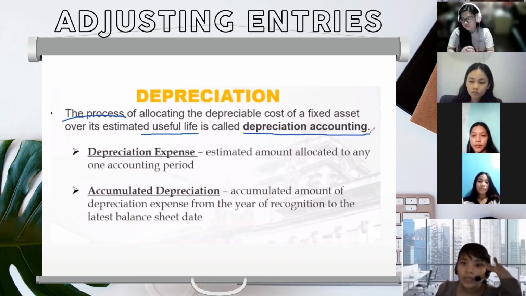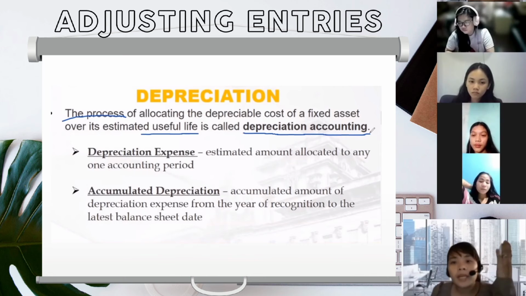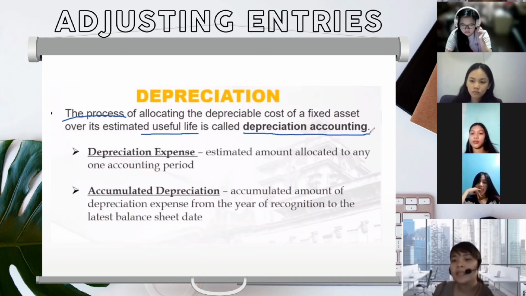Pag sinabing depreciation, for example, bumili ka ng bagong iPhone, tulad ngayon may iPhone 13 na ba tayo? Tama ba ako? Nakikita ko? O yan. So, ngayon, ibig sabihin yan, si iPhone 12, luma na siya. Hindi mo na siya mabibenta ng 100,000. Tama ba ako? Right? So, ngayon, yung uso, yung iPhone 13, pwede mo, kapag nakuha mo yun, mataas pa ang value niya.